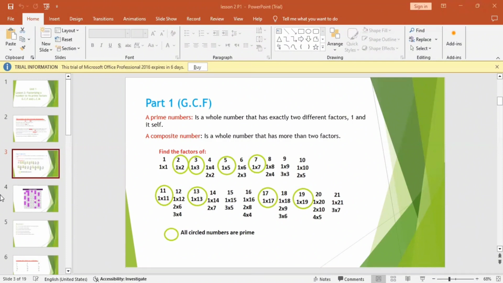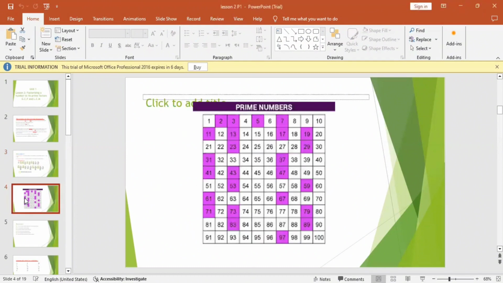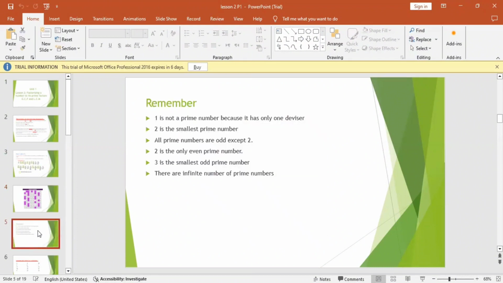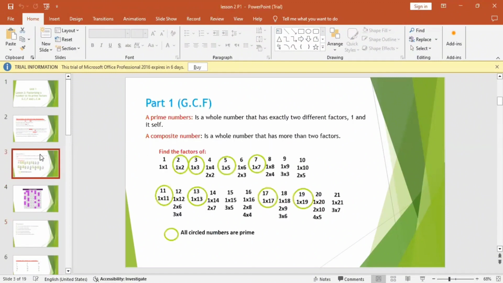So this chart shows you the prime numbers. The purple, shaded squares are prime numbers. Remember that 1 is not a prime number because it has only one divisor, or one factor. As we said here, it has only one factor, which is 1.